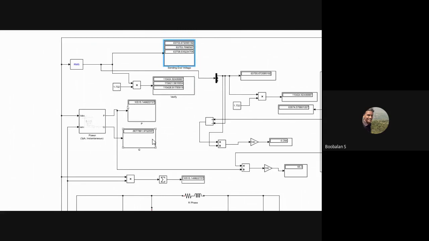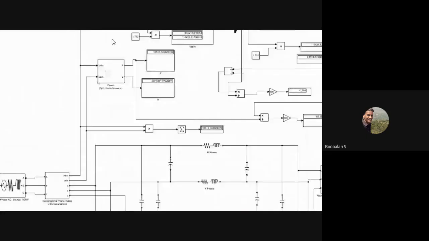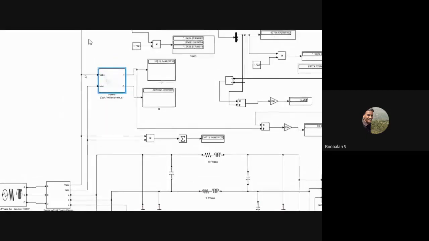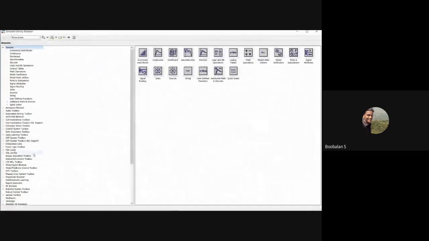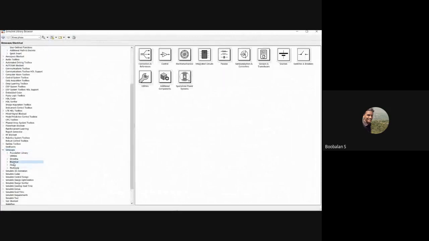And if you need to measure real power and reactive power at my sending end, what function should be used, right? This is a function block called three phase instantaneous power. Where can I get it from, where is this block located? Go to the Simulink library, go to Simscape and Electrical, Specialized Power Systems.